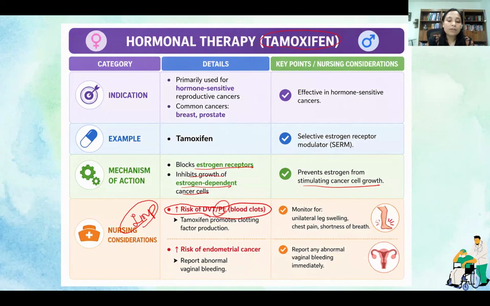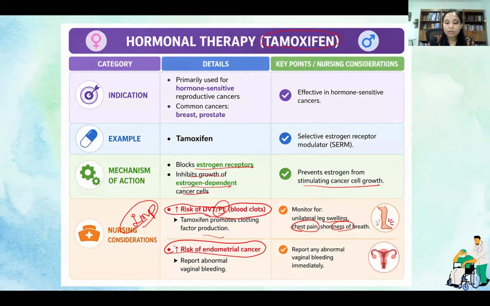Tamoxifen promotes clotting factor production, and because of that, there is a higher risk of DVT. So you need to monitor the patient for unilateral leg swelling, chest pain, and shortness of breath for pulmonary emboli. Another risk is there is an increased risk of endometrial cancer.